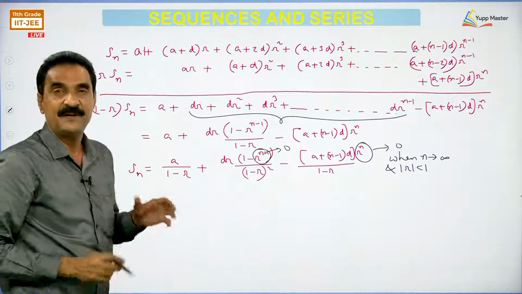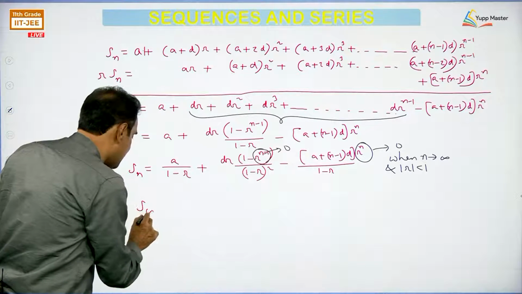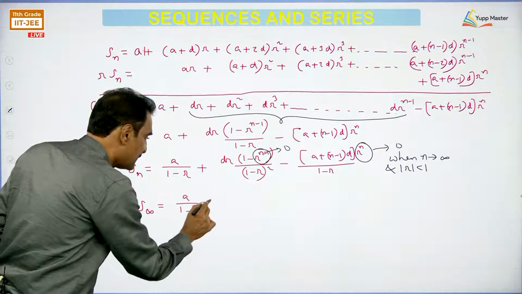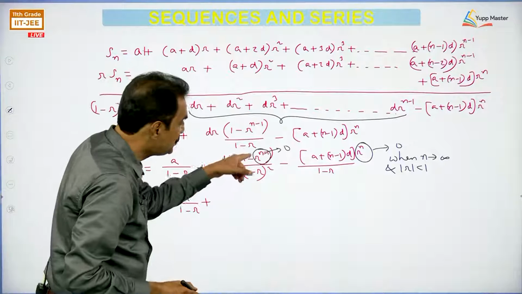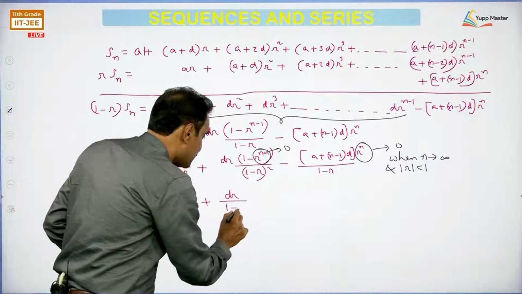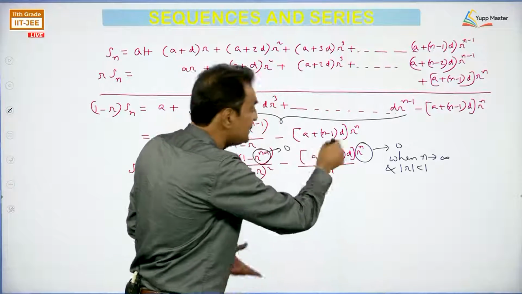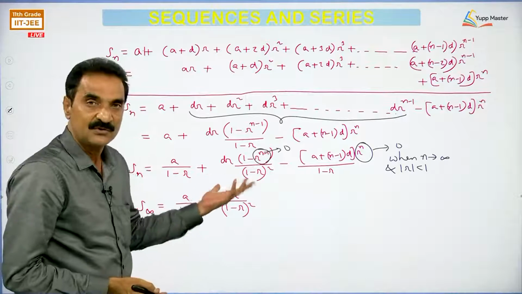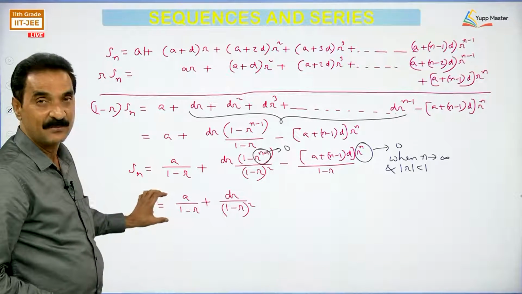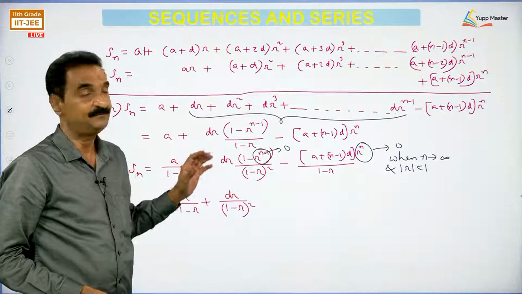When n tends to infinity, the sum of the infinite AGP is written as S infinity. a by 1 minus r remains as it is, plus d r into (1 minus 0) by (1 minus r) whole square, which is d r by (1 minus r) whole square. The next term is 0 into anything, which is 0. So, the sum of the series up to infinity is given by a by 1 minus r plus d r by (1 minus r) whole square.